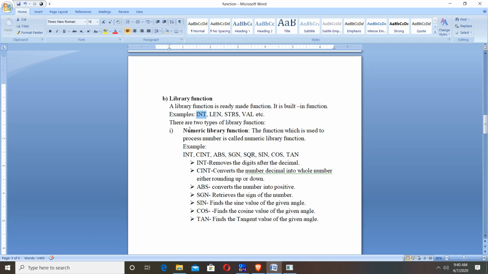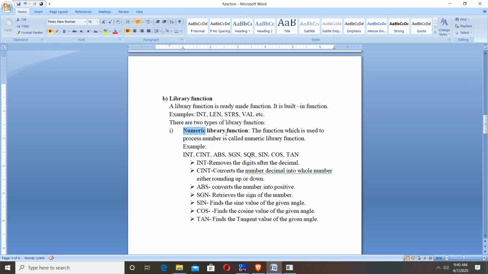Okay, now the first type of library function is the numeric library function, and from the term you will be clear. Numeric means number. That means it processes numbers.